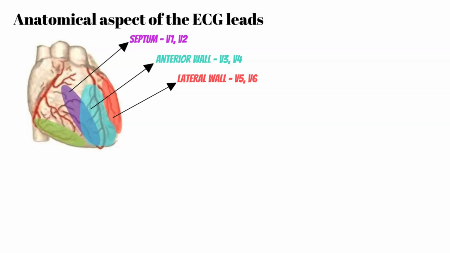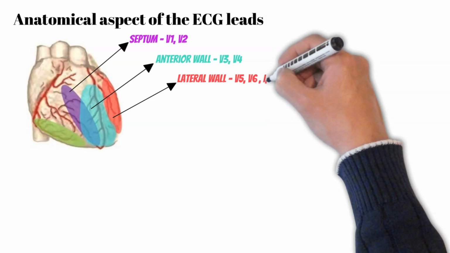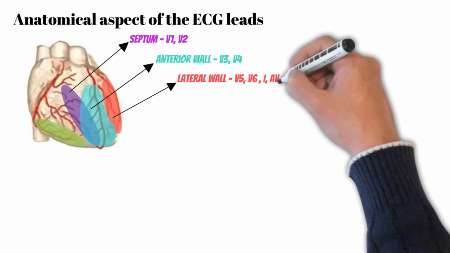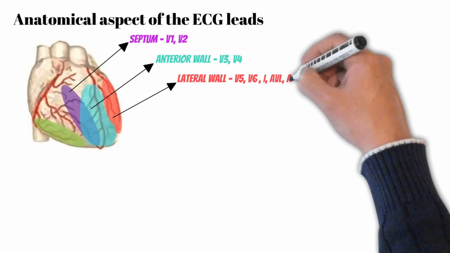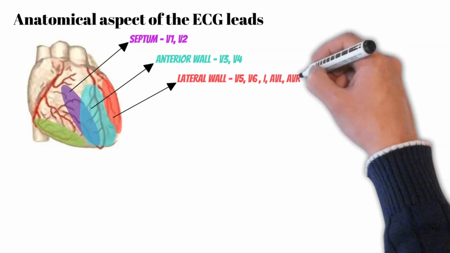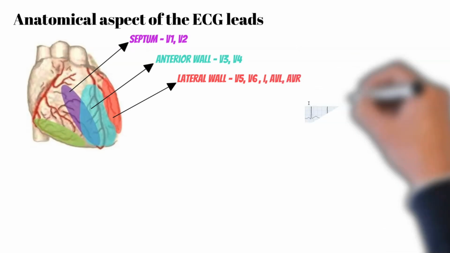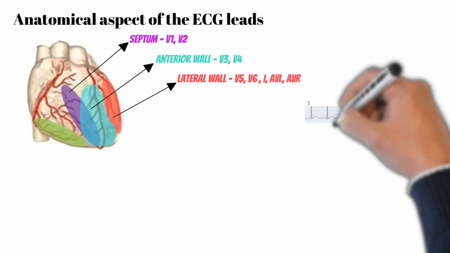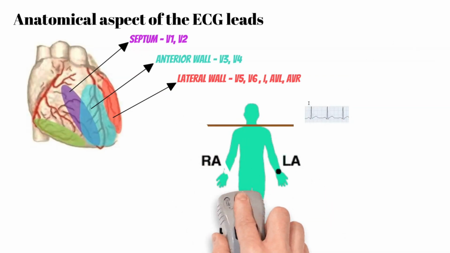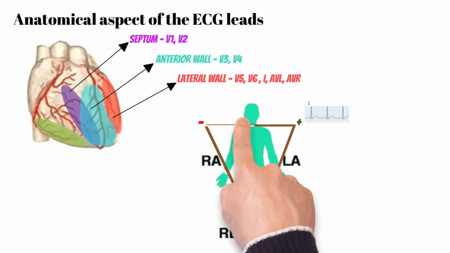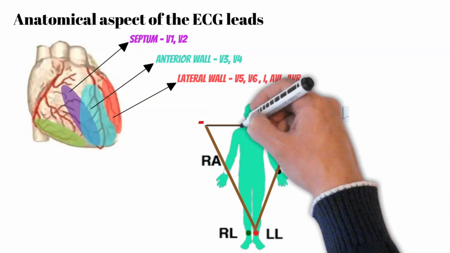Alright, how about the anatomical aspect of the limb leads? Lead 1, AVL, and AVR are called lateral limb leads. They primarily observe the lateral aspect of the left ventricle. Lead 1 is calculated by analyzing activity between the right arm and the left arm electrodes.